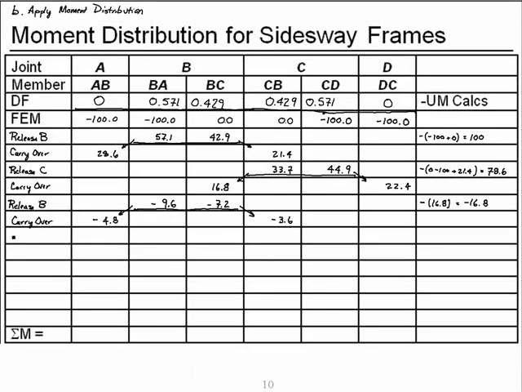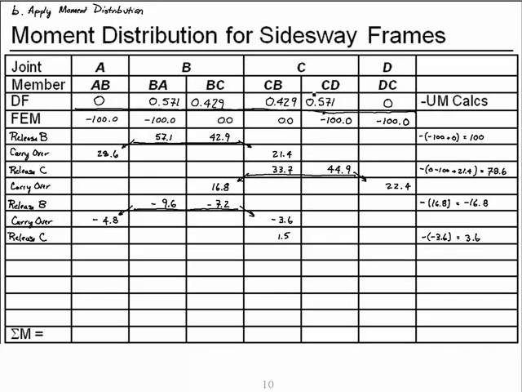So it's time to release B. Excuse me, not B, but node C. Node B is in equilibrium. The unbalanced moment is just negative 3.6 foot kips, and so we need to distribute a 3.6 foot kip. We take that quantity times this distribution factor, and we distribute 1.5 foot kips into member CB.